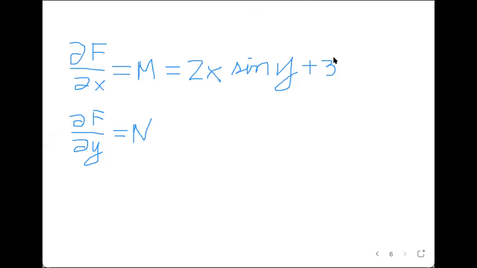So M is 2x sine y plus 3y, and capital N is x squared. No, let's check again.